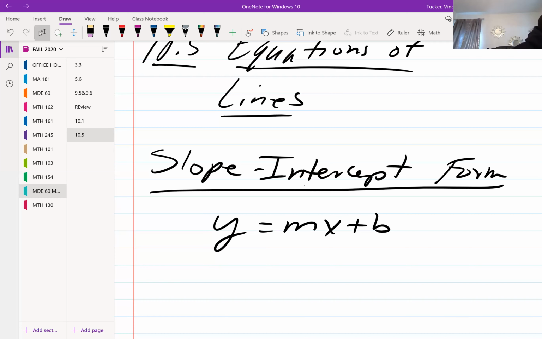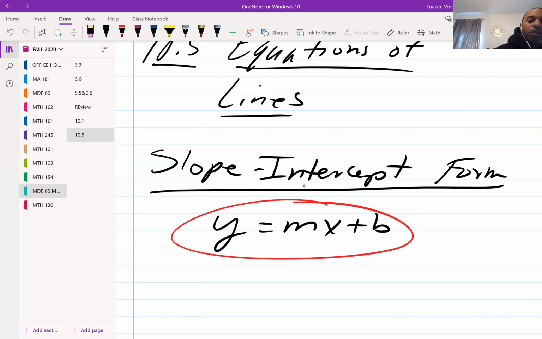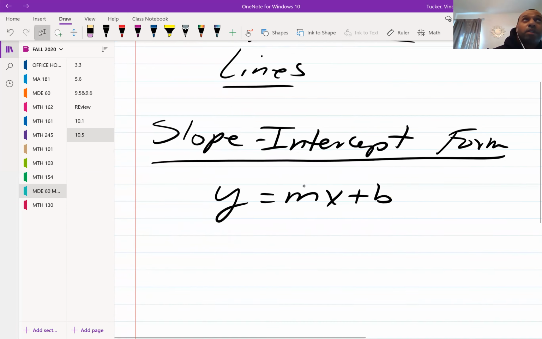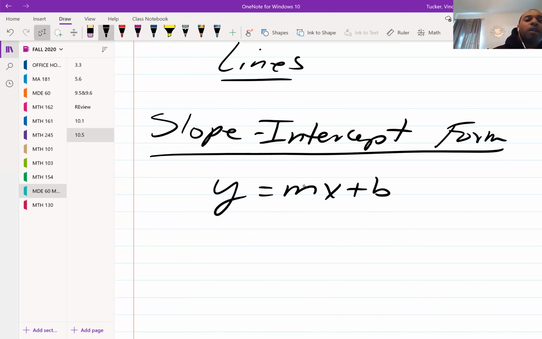They talk about graphing using your slopes in the early part of 10.5, which is what we already did, but I put it in 10.4. So if you see it in the early part of 10.5, we talked about it alongside 10.4 in last class. Okay, so just dropping that in there.